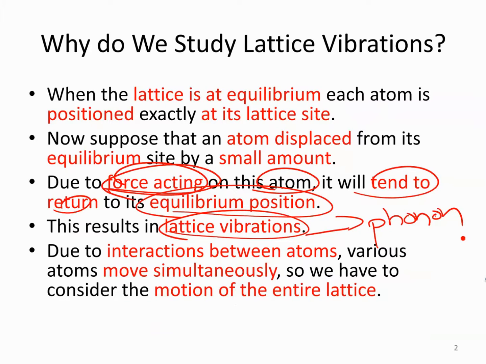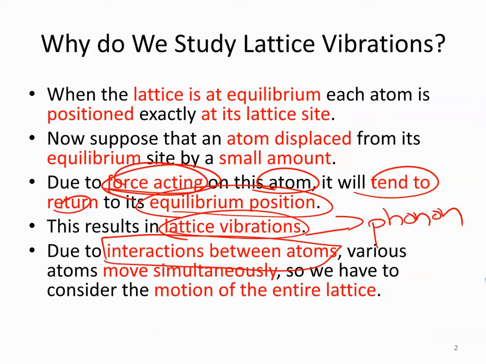Okay, so due to the interaction between atoms, in fact, we have studied what types of interaction exist in the particular atom arrangement. So we have ionic, covalent, van der Waals, metallic, and hydrogen. All these are categorized as interactions between atoms.